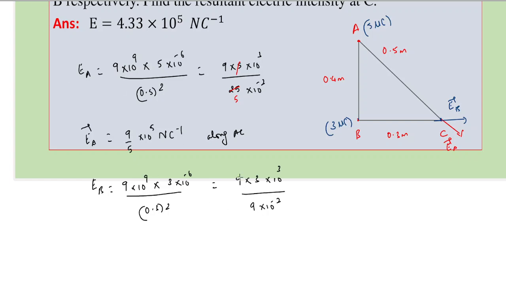From here the 9 gets cancelled, and finally EB is equal to 3 into 10 power 5 Newton per Coulomb. In vector form, this is along BC.